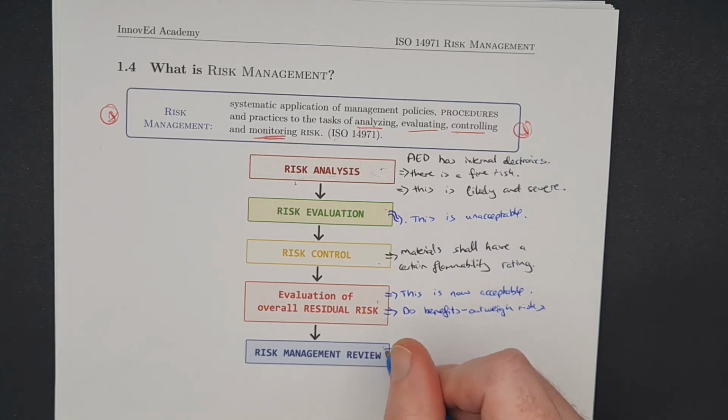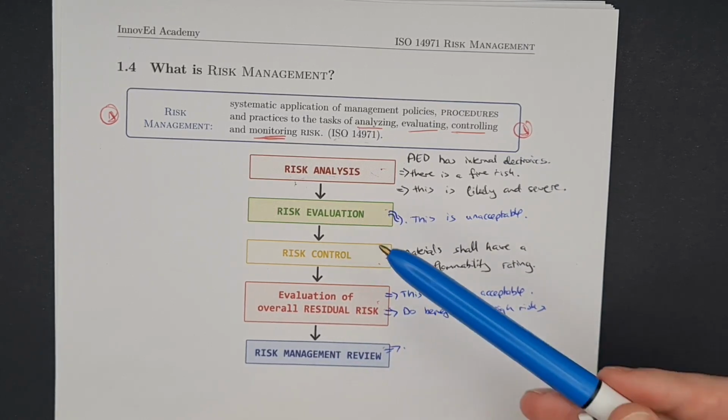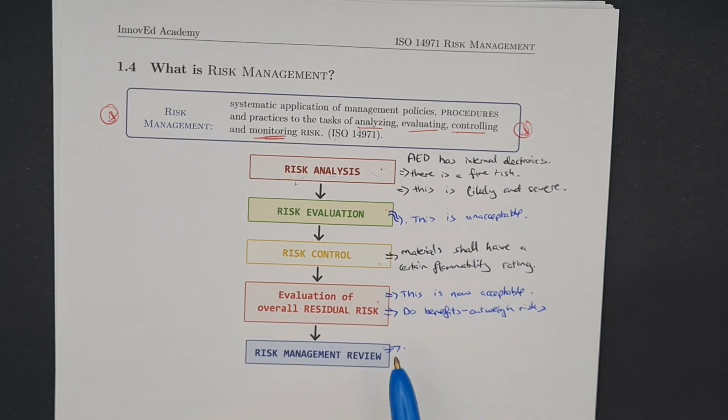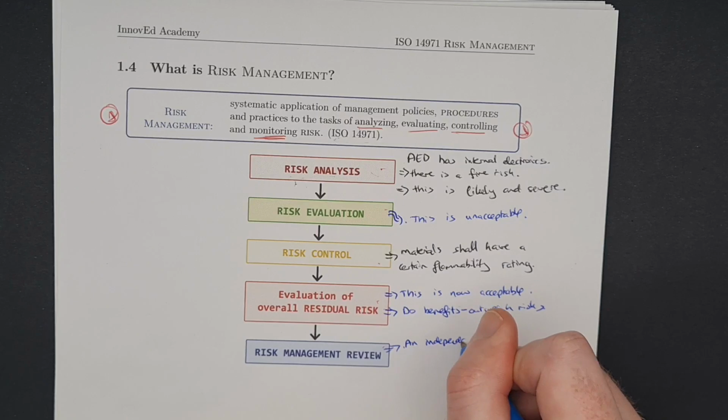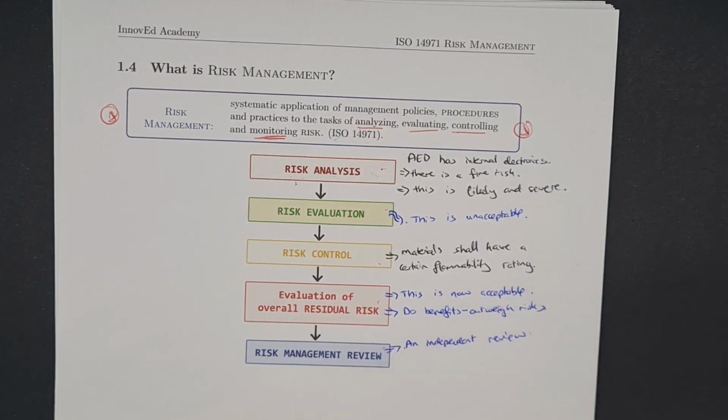What we want in the risk management review, at the end when you've looked at many risks and implemented many risk controls, is an independent review. You want somebody who understands risk management, who is themselves a risk management expert, as you will be after you have gone through this course, and who is independent in that they were not primarily involved with the application of risk management in this design. They didn't conduct the risk assessments.